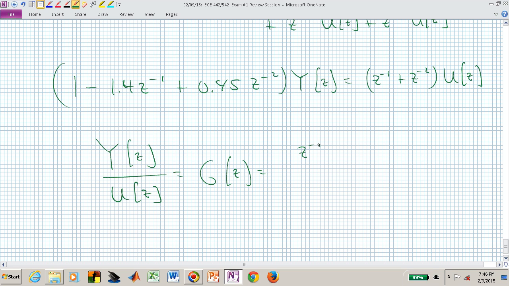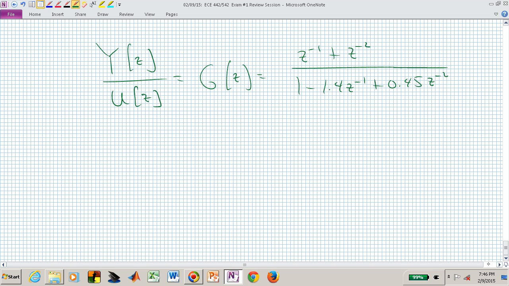That's now this z to the minus 1 plus z to the minus 2 over 1 minus 1.4 z to the minus 1 plus 0.45 z to the minus 2, and we could multiply both top and bottom by z squared, and we have z plus 1 over z squared minus 1.4z plus 0.45, and now we can look at the poles.